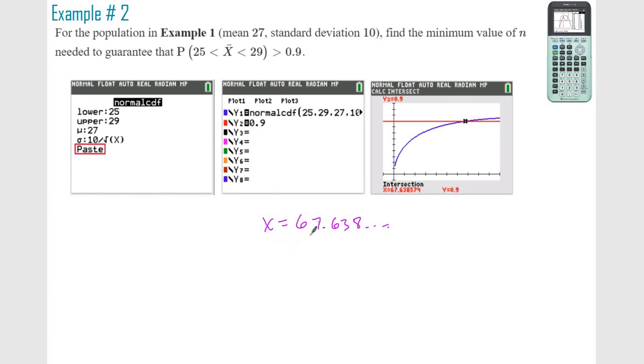Well, I'm not going to have 67.6 things, and 67 things would get me less than 0.9. So I'm going to round up and say 68 elements. The minimum n, the number of samples, is 68 to guarantee a 0.9 probability.